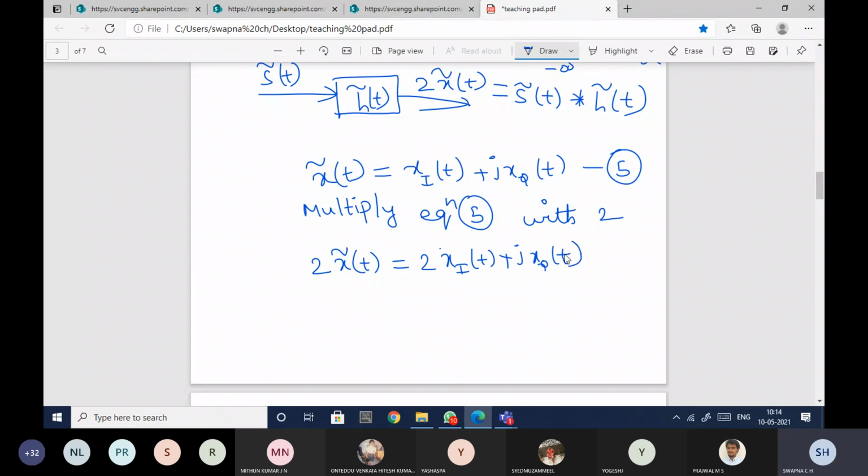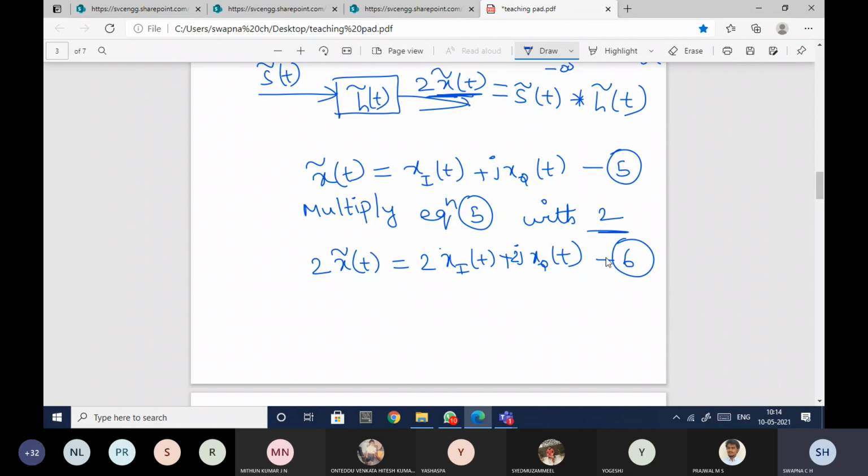You may ask why I am multiplying with 2. See, in the equation I have 2x tilde of t, that is the reason I'm multiplying with 2. This I'll name equation 6.